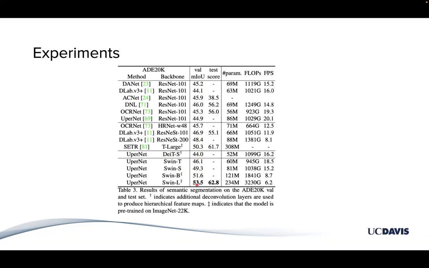Compared to 44, it is 53.5, but at the same time the model parameters are also 52. Here we can see that it's more than 4 times more, and it has significantly more FLOPs also, and took more time to train.